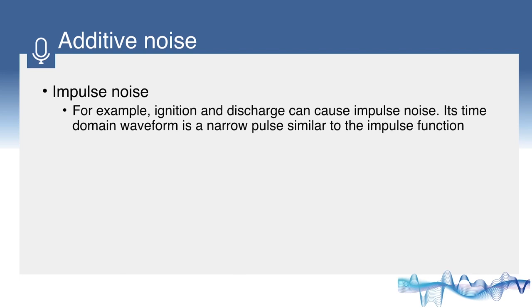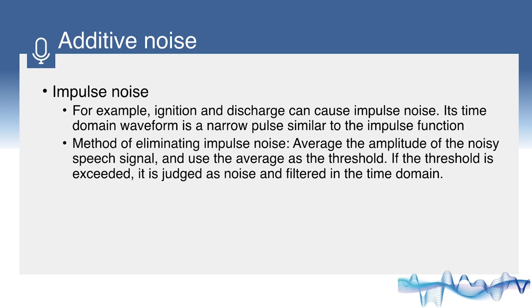ignition and discharge can cause impulse noise. Its time domain waveform is a narrow pulse similar to the impulse function. Method of eliminating impulse noise is to average the amplitude of the noisy speech signal and use the average as the threshold.